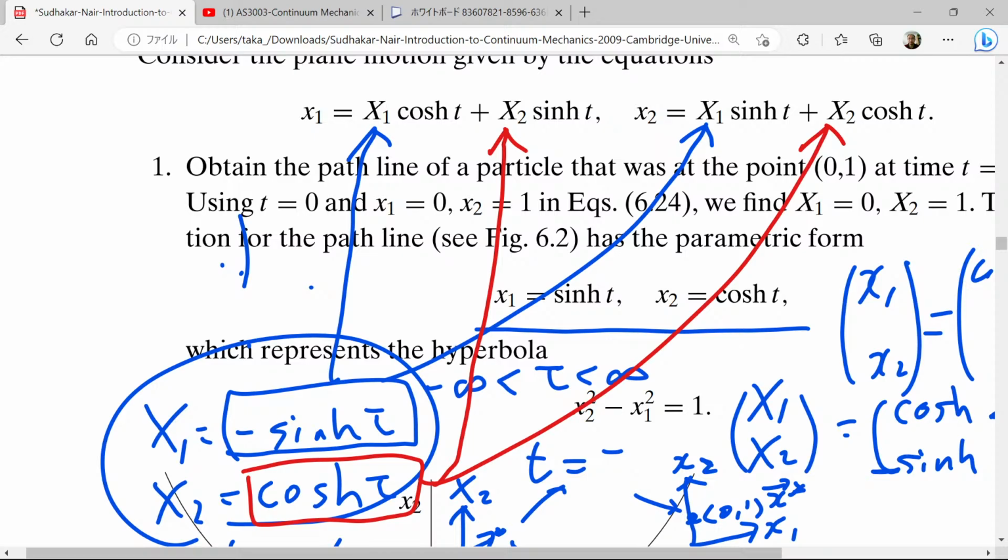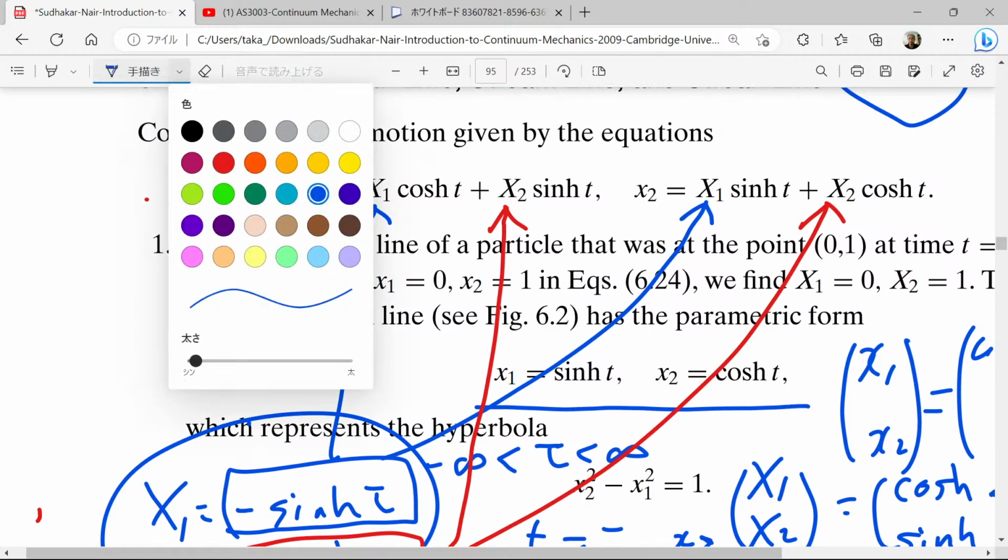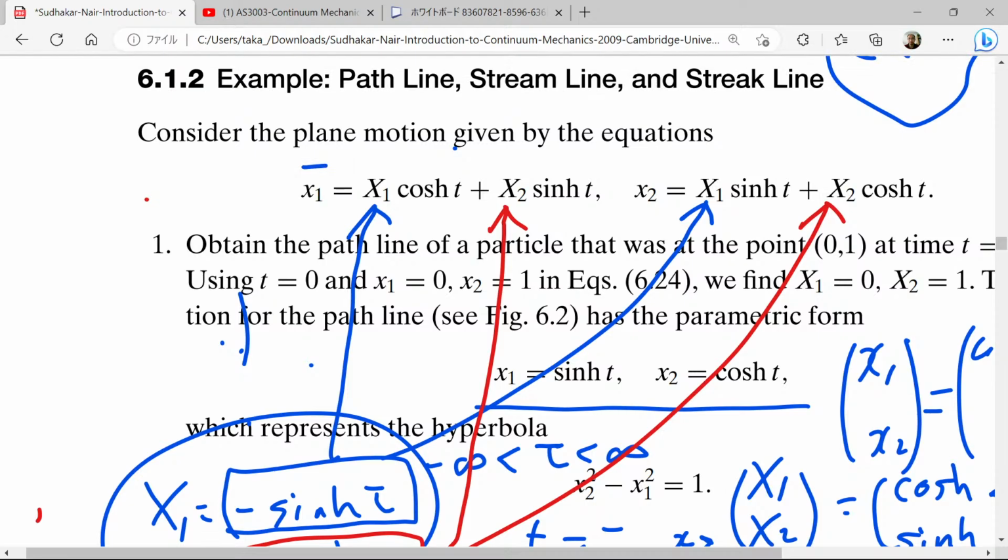So this goes like minus sinh tau cos tau, sinh t minus sinh tau cos t.